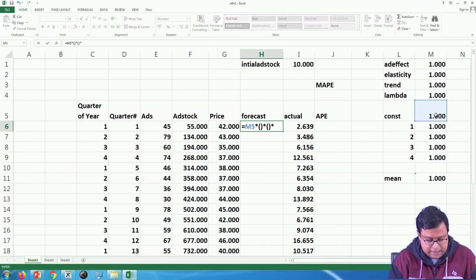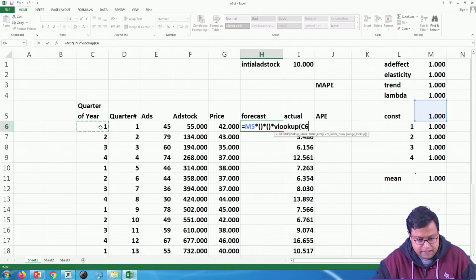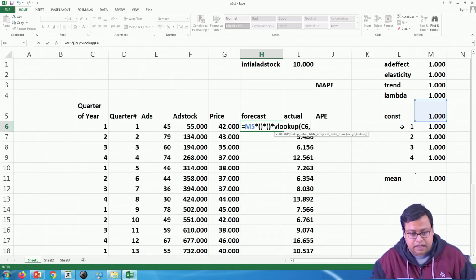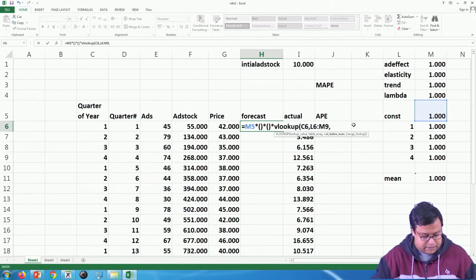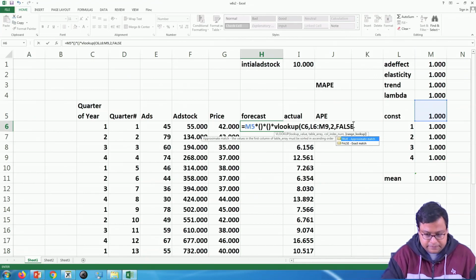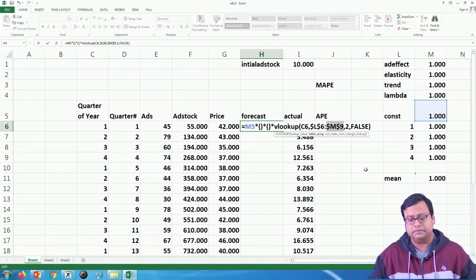So, let us write the seasonality component. Seasonality is what? VLOOKUP of this quarter number in this particular table, and 2 comma false, and this L6 and M9 should be in a table form.